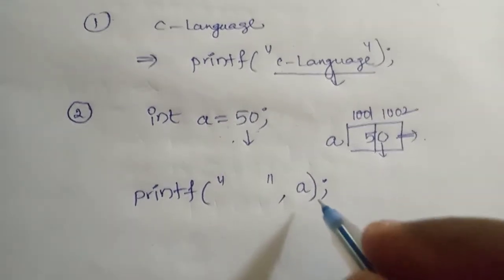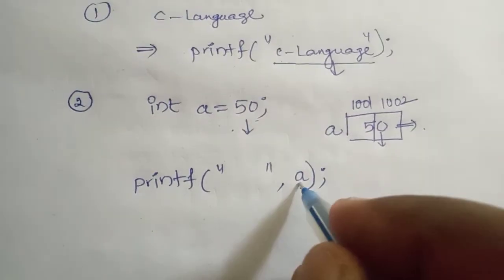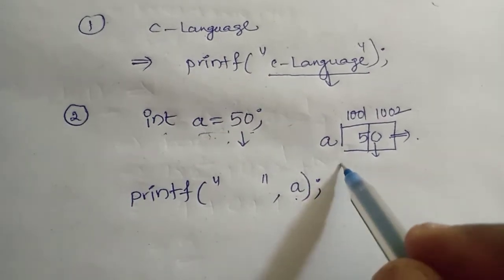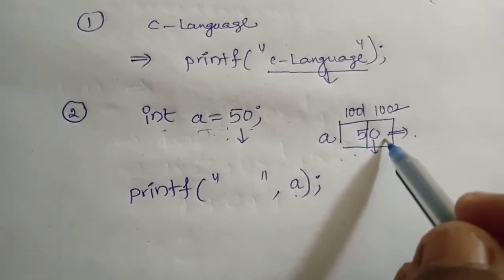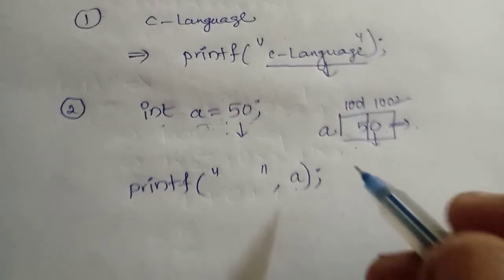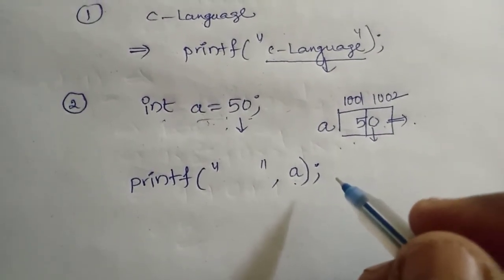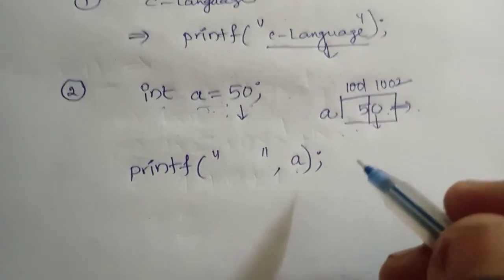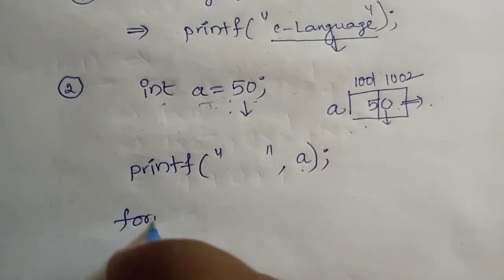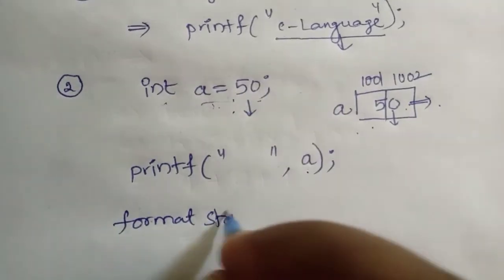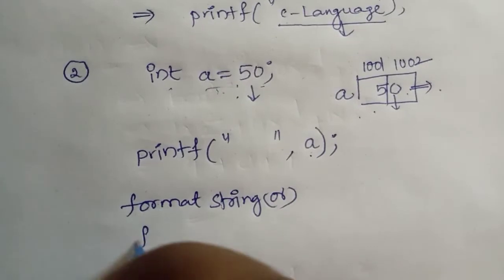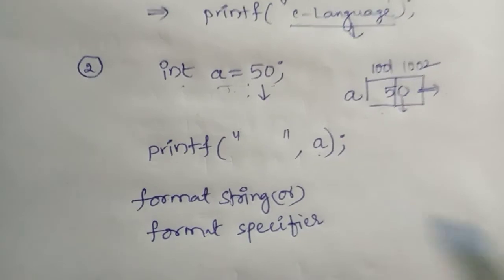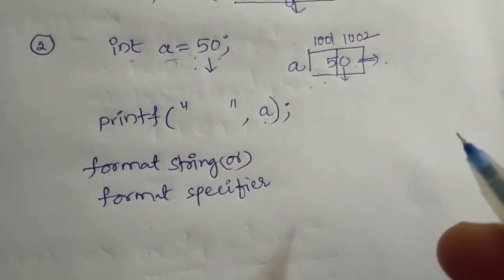To print any value present in a variable, I have given this variable in the format of integer. So I have given the input in the form of integer, and the output should be displayed in the form of integer only. To specify the format of the value, we have to use format strings or format specifiers. As the name indicates, a format string or format specifier is used to specify the format of the value.